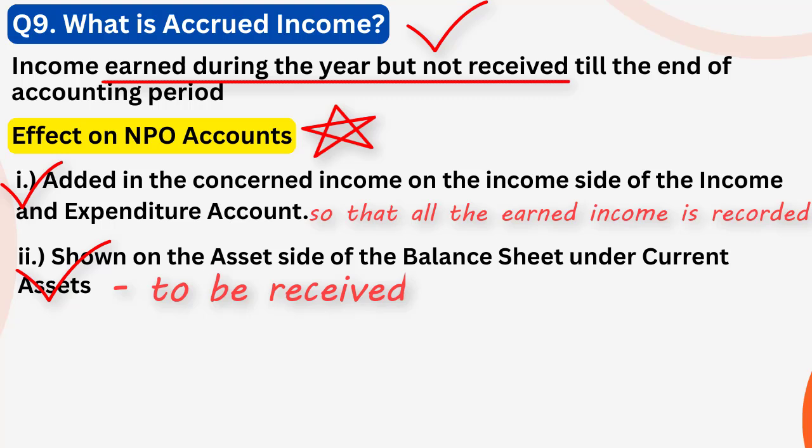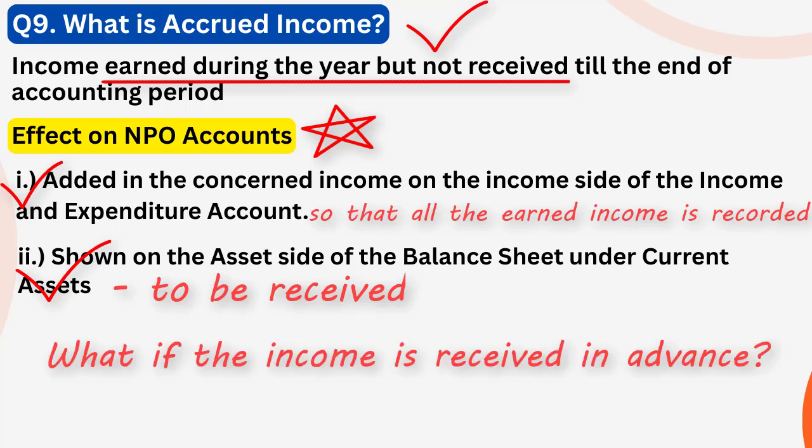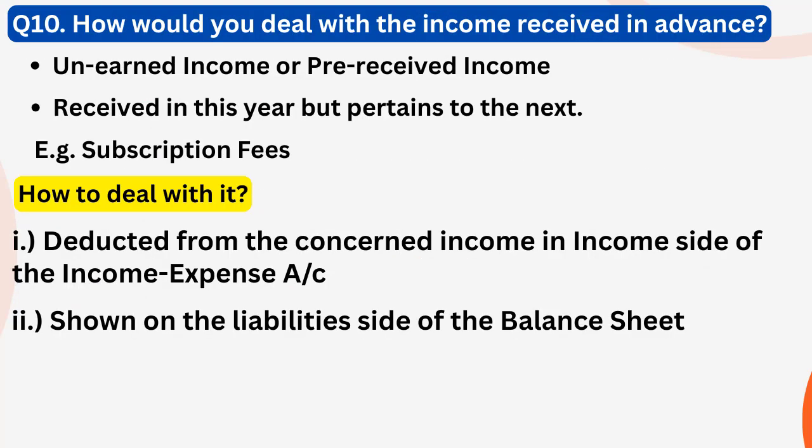So this was about outstanding income, but there could also be a case of income received in advance and there could be a question on that also. And our question number 10 is about that income that has been received in advance. And the question is, suppose if you receive the income in advance, what would be its effect on the accounts of an NPO?